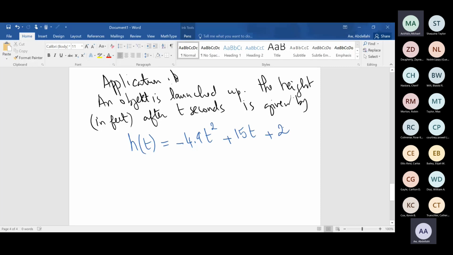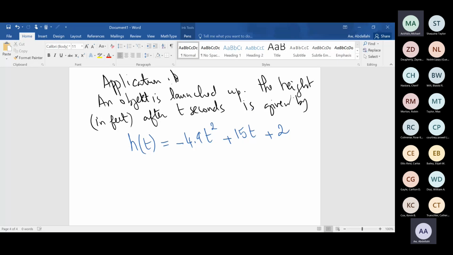And we said this equation comes from physics, okay? But here we said after t seconds, what is the height? The height is described by this. If we ask you what was the height after 3 seconds, you plug in the number 3 for t. What was the height after 10 seconds, you plug in the number 10 for t, etc. But we're not asking that.